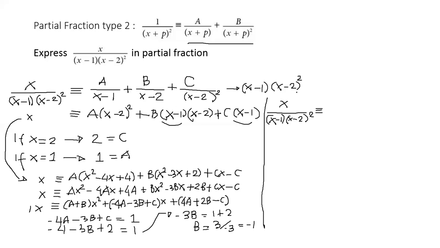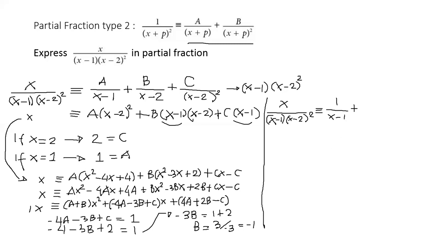So now these expansions become: a equals 1, it means 1 over x minus 1, plus b, how much? B is minus 1.